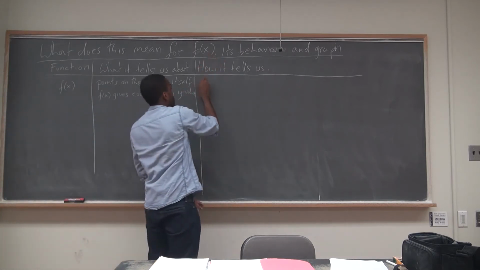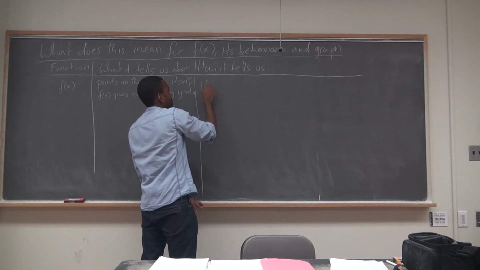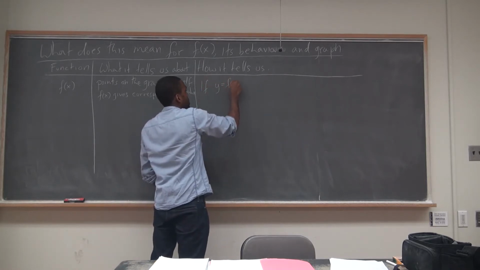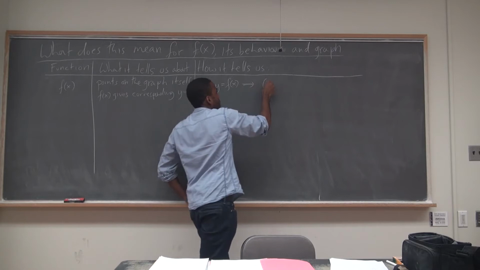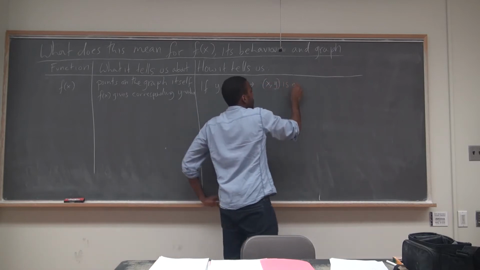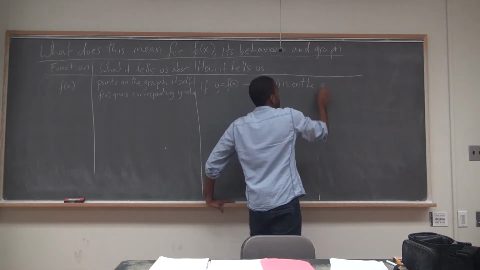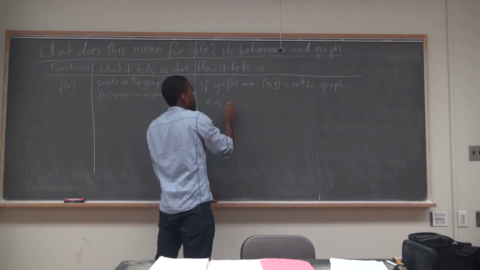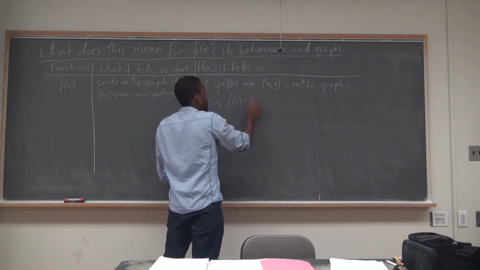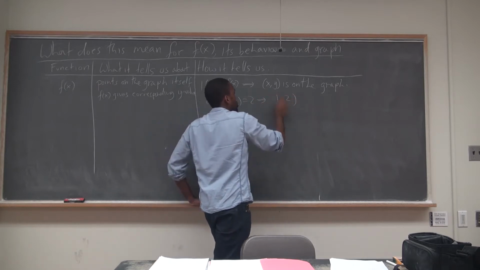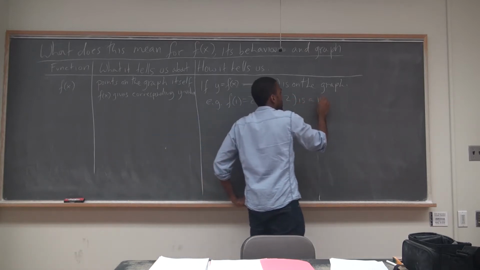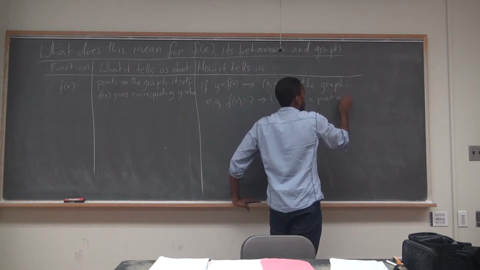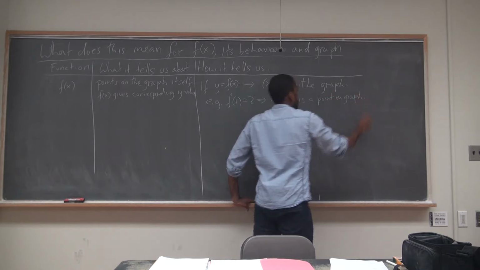How it tells you, if y is equal to f of x, this means x comma y is on the graph. Example, if I know that f of 1 is equal to 2, this means 1 comma 2 is a point on the graph. Right? So that's how it tells you.